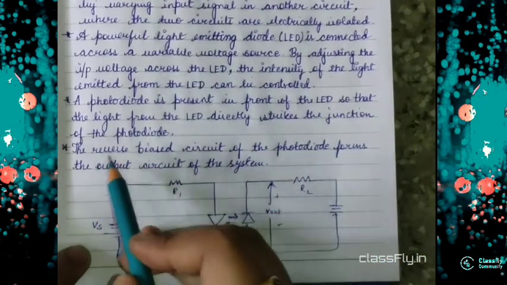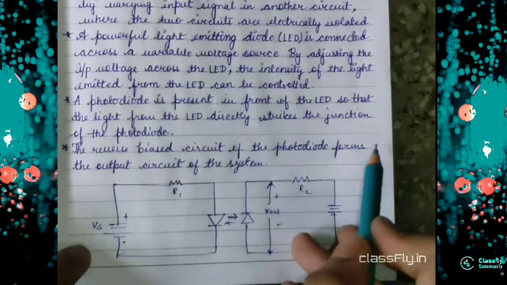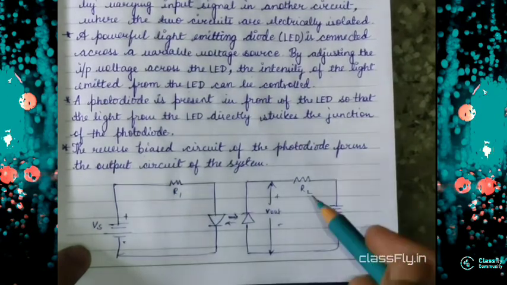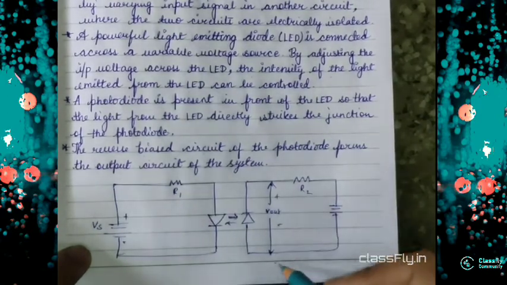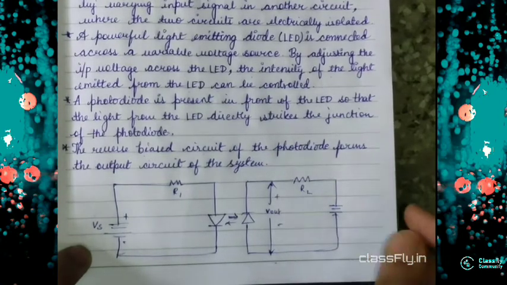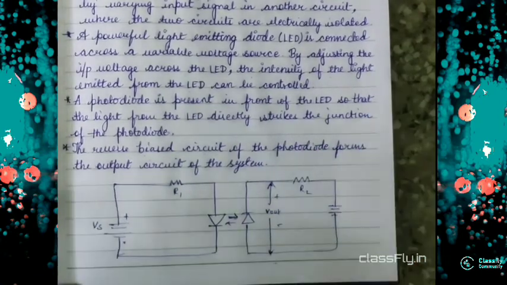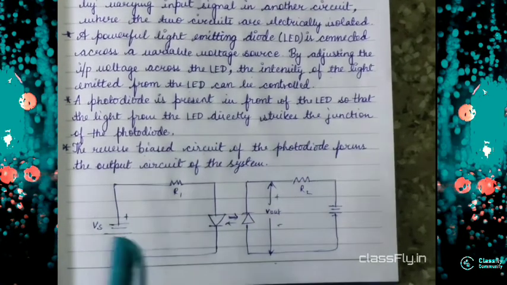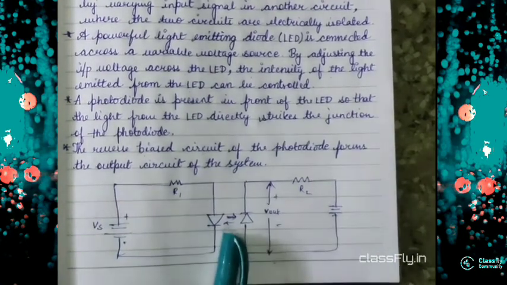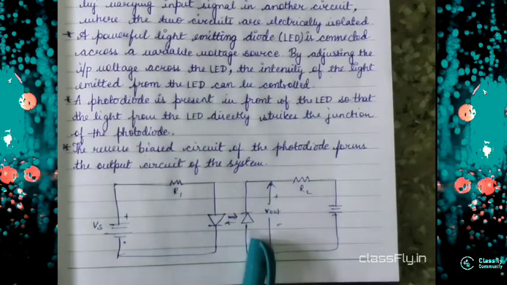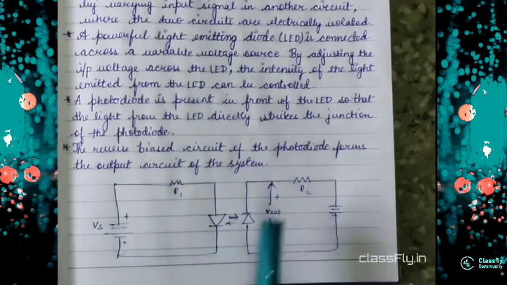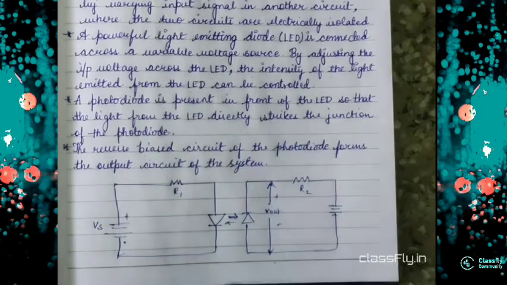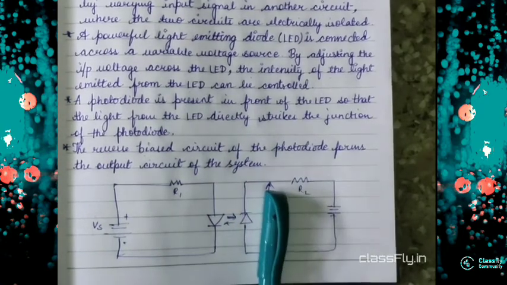So the reverse bias circuit of the photodiode forms the output circuit of the system. This is our output circuit. So what a photocoupler does is that the LED first converts electrical energy into light energy, and this light energy strikes the photodiode junction, and the reverse bias circuit acts as the output circuit of the system.